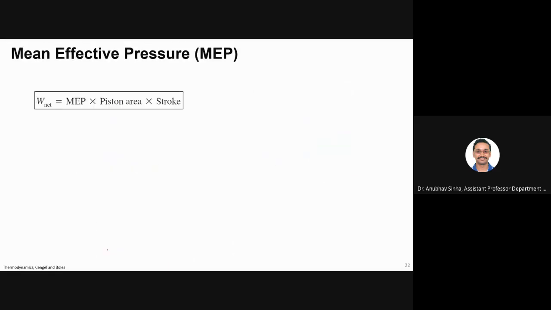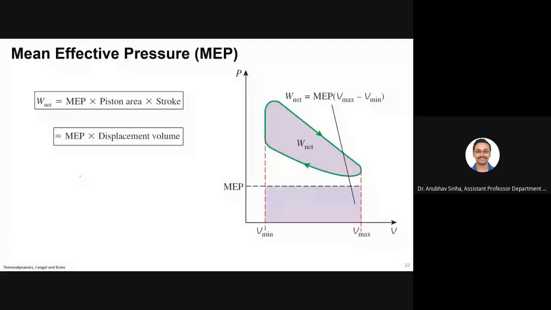Okay. Now let us talk about mean effective pressure. What we have seen is that if you have a cycle, the net area enclosed by that cycle will give you the net work done. Now, we define a mean effective pressure. It is a theoretical value.